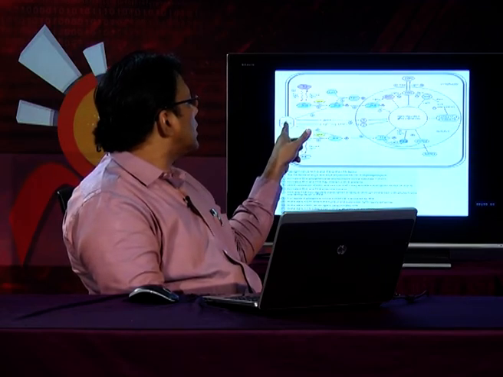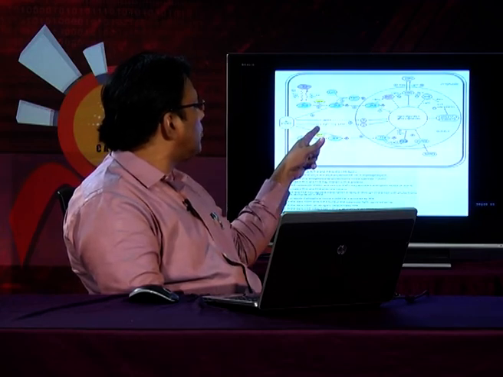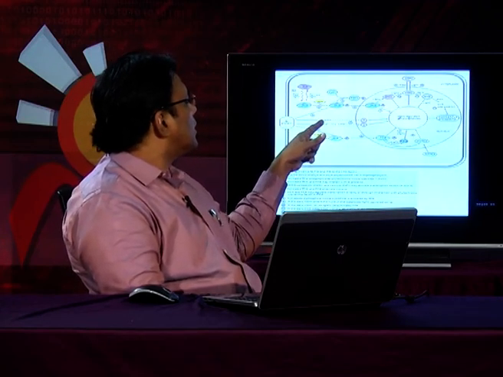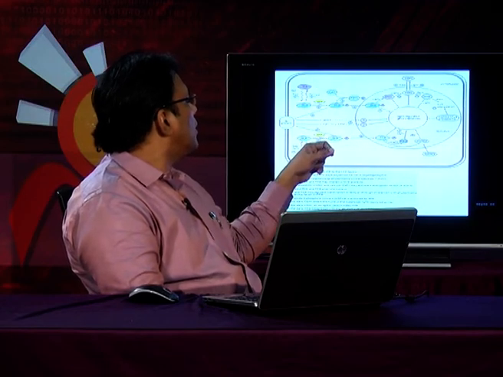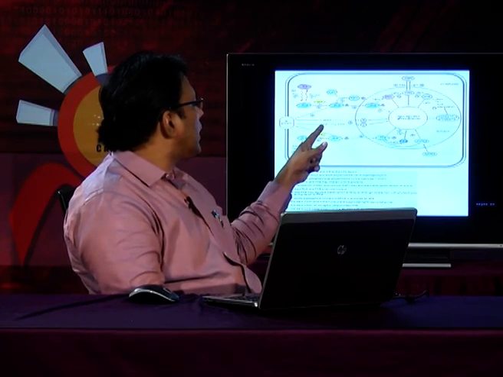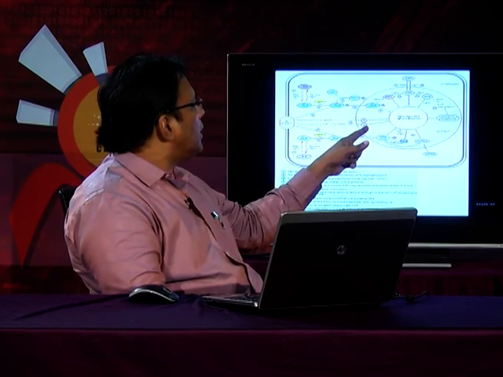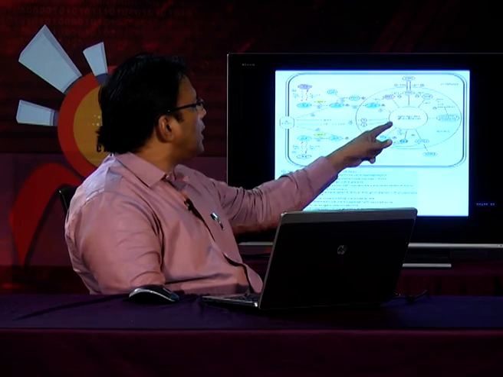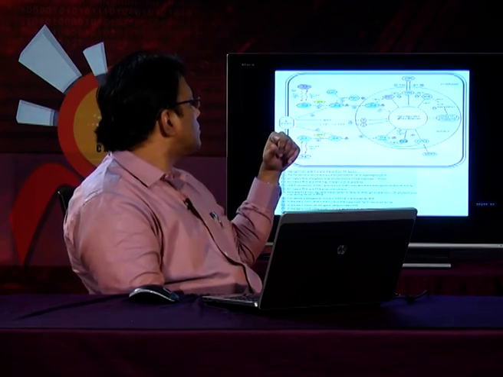G proteins can further, through secondary signaling intermediates like cGMP, that is cyclic guanosine monophosphate, or other secondary signaling agents like calcium complex, move inside the nucleus and finally regulate some of the gene expressions.